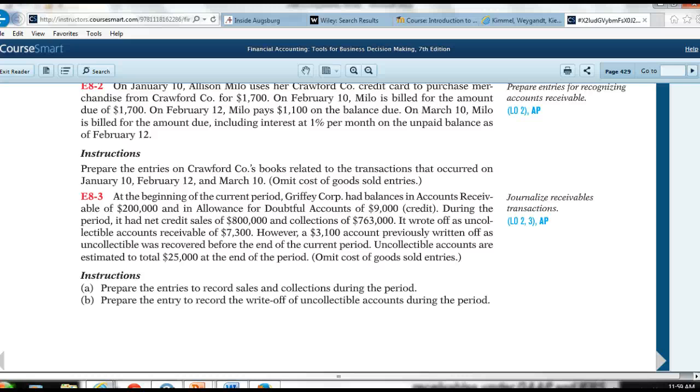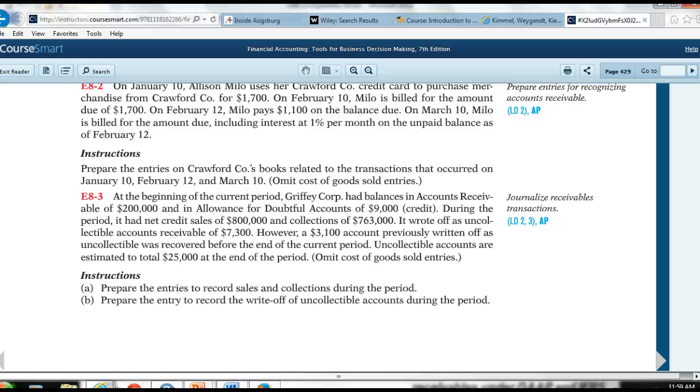So we need to show the journal entries to record the sales and collections. Then we need to record the journal entry to prepare the write-off on collectibles during the period. So we see here we have net credit sales of $800,000 and we have collections of $763,000, and we need to show an uncollectible of $7,300 and then correct the $3,100 that was previously written off.